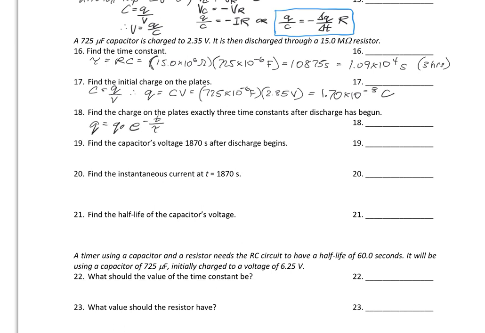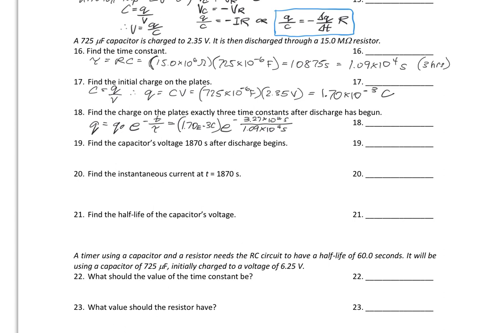So the charge after time is given by initial charge times e to the negative time over tau, and the time is 3 time constants. So then I plug in the numbers, of course, 3 time constants. You're basically saying e to the negative 3, since 3.27 times 10 to the 4 divided by 1.09 times 10 to the 4 is just 3.